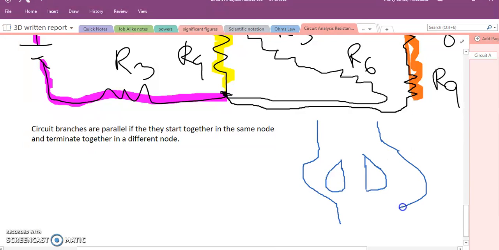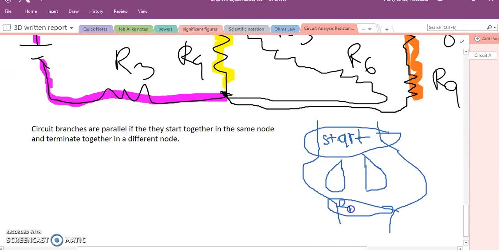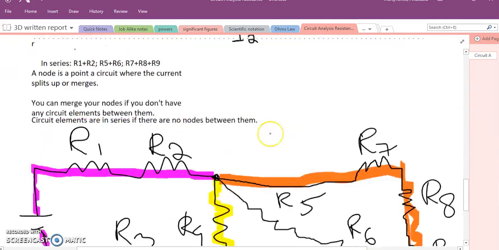So over here, I have my branches, right? I have 1, 2, 3 branches. This was my start node. And this is my end node. And when you think of your parallel circuits in this way, it actually does become very, very obvious what is parallel and what really isn't.